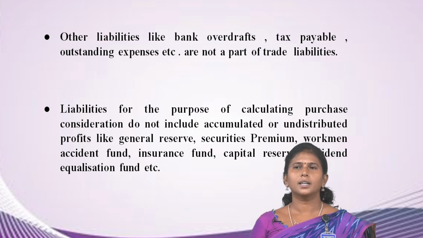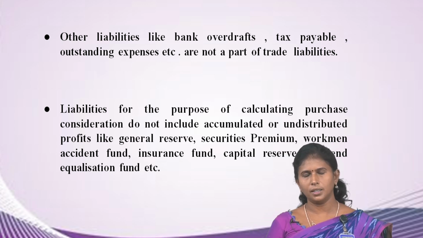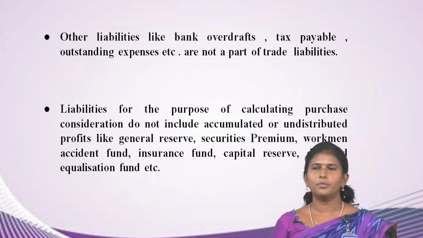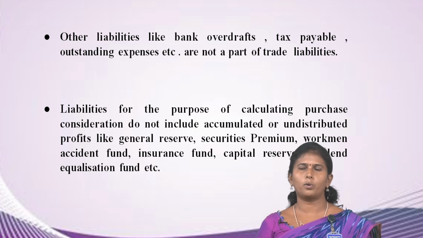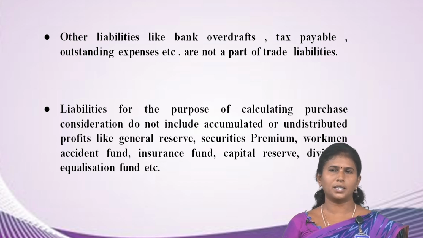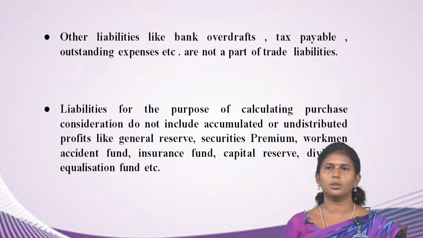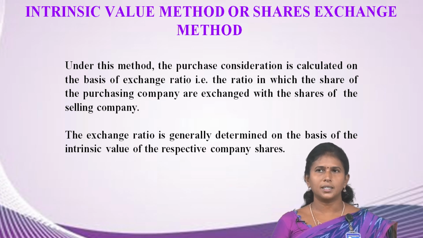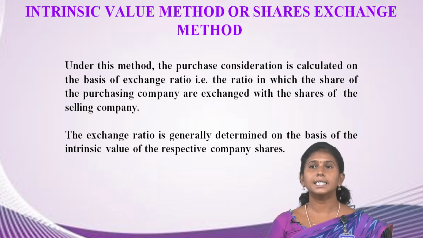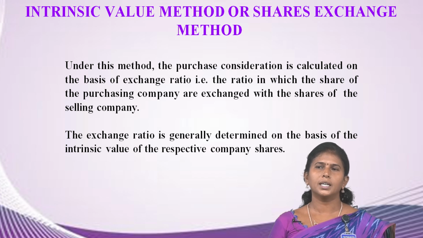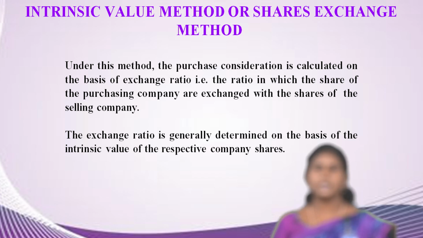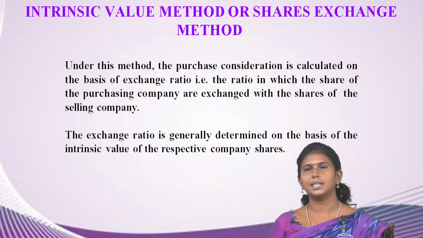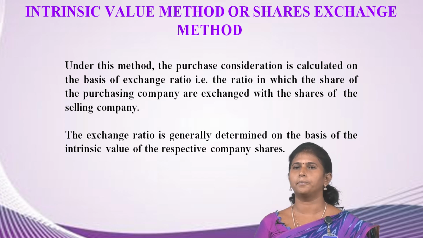So we have to be clear on the theory part of the two methods, and then we have to work out a very simple problem according to the two methods of purchase consideration. Okay. So now the last method of purchase consideration is the intrinsic value method. The intrinsic value method is also known as the shares exchange method.